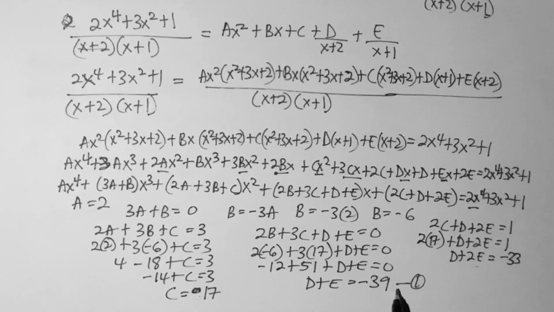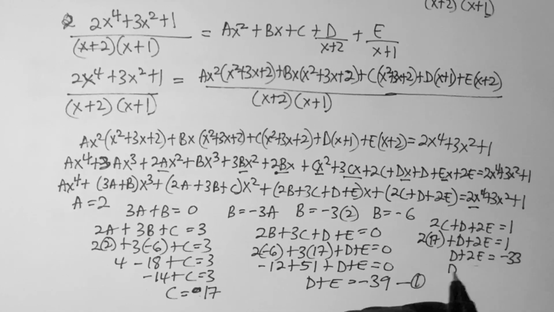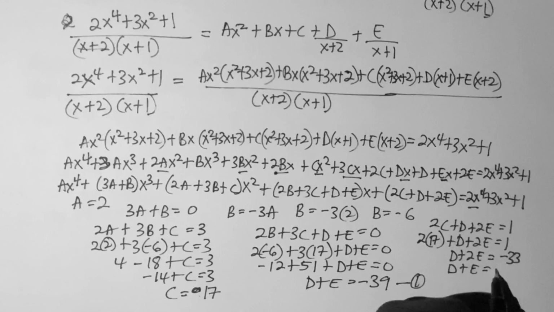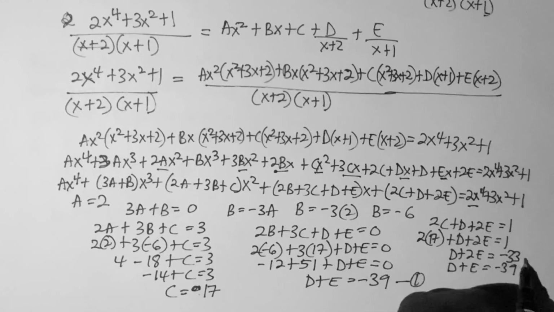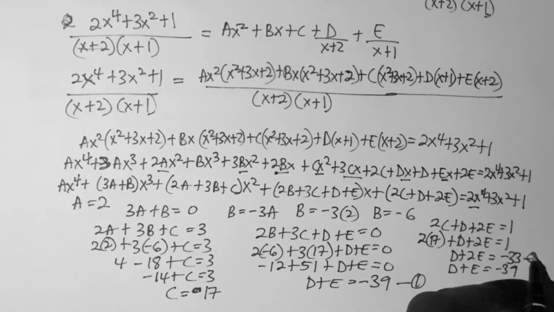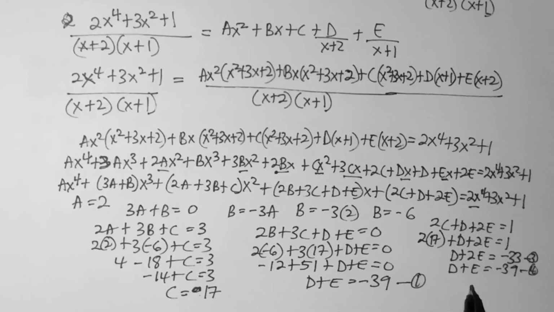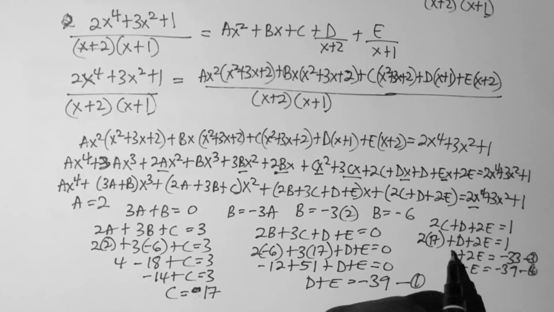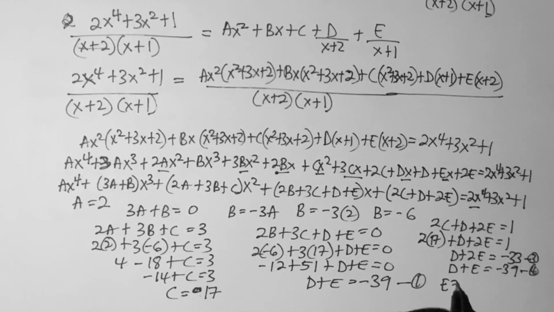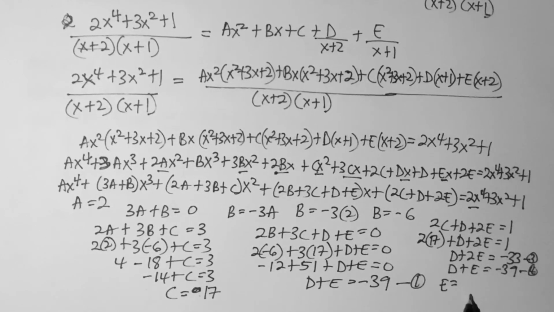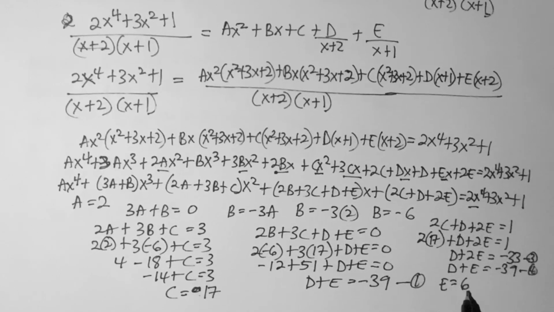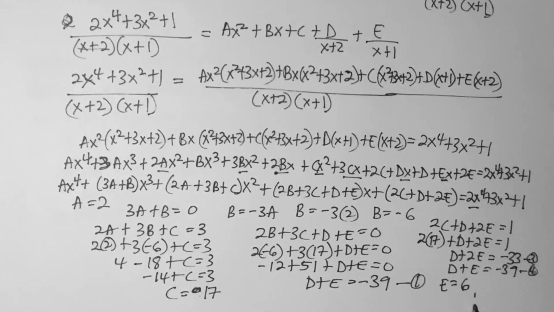We have d plus e is equal to minus 39. Now, let us subtract. Let's say this is equation 3 and this is equation 4. If we subtract equation 3 from 4, this d will go to 0. So we have e equals minus 33 plus 39, and that's going to give us 6. So e is equal to 6.